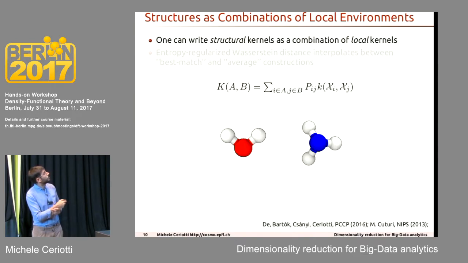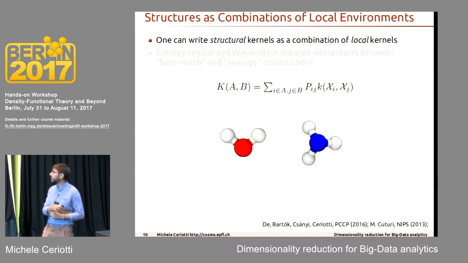A simple thing that you can do is say, okay, I can do this for each pair of environments. I can sit on each of the atoms in structure A and in structure B and compute this similarity kernel between this environment and this environment, this environment and this environment, and so on and so forth. And then I can build the global kernel by combining together in some way these individual kernels.